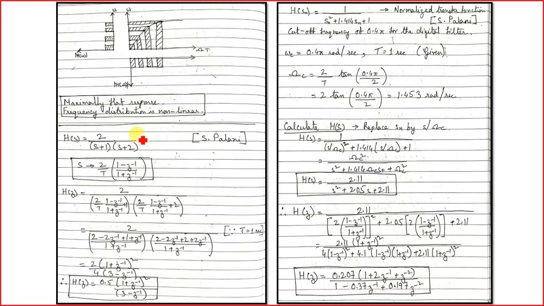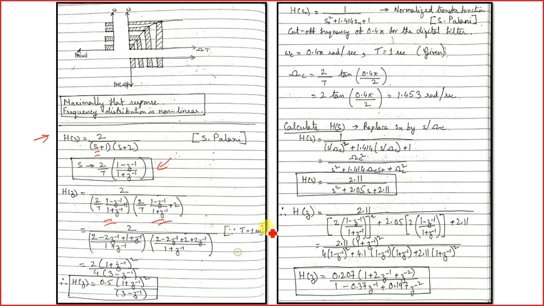Next is our H(s). We take up some example. So the question is, suppose an analog transfer function H(s) equals 2 by (s plus 1) multiplied by (s plus 2) is given and converted to a digital filter using the bilinear transform method. So this is the equation and we just replace the s with this expression. Okay.